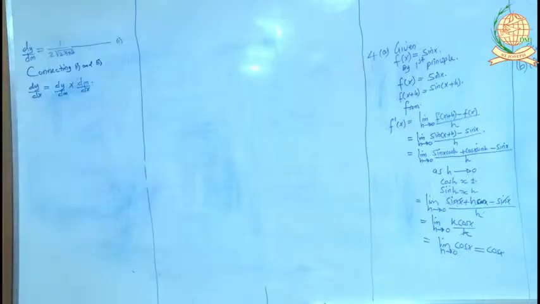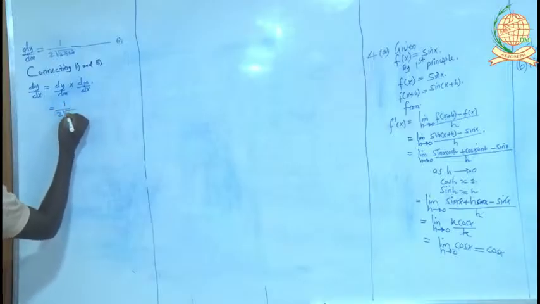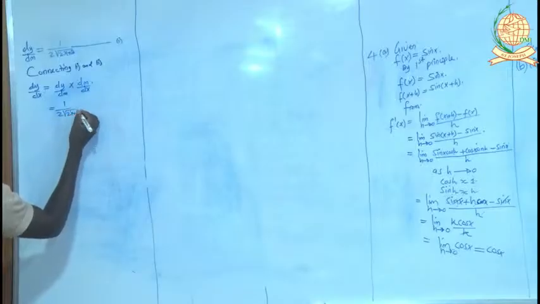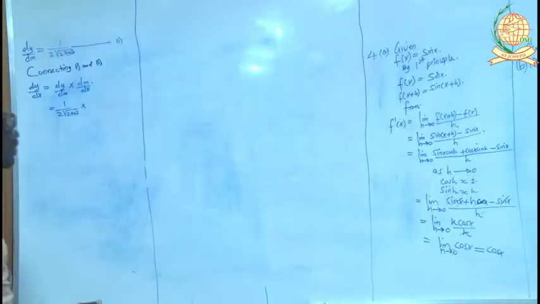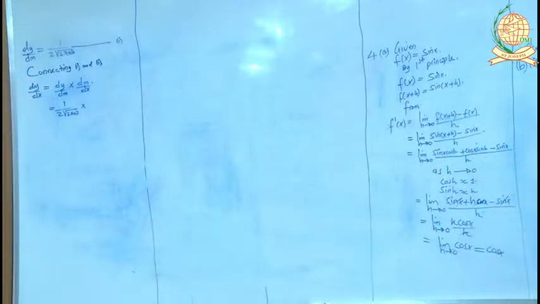This is the chain rule concept. Dy over dm is 1 over 2 under root 2x plus 3, times dm over dx. Dm over dx is equal to 2, this one here.